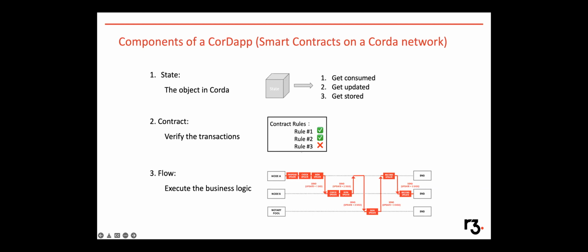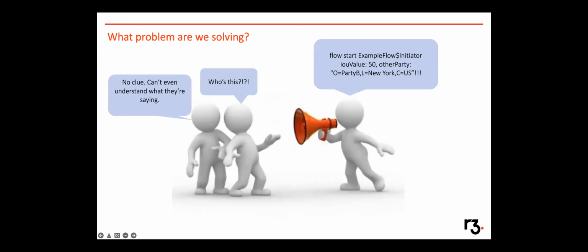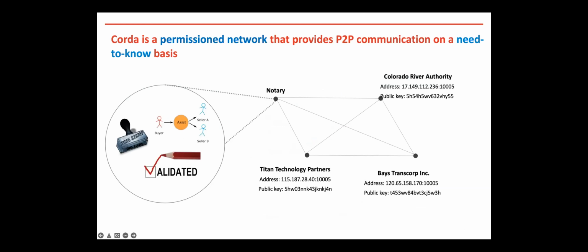So for business membership, what problem are we solving? When you are working with a Corda app and with Corda identities, all you see are the addresses or even the public keys. If you are in a network with 4 nodes, or 3 nodes, everybody basically carries the same weight.